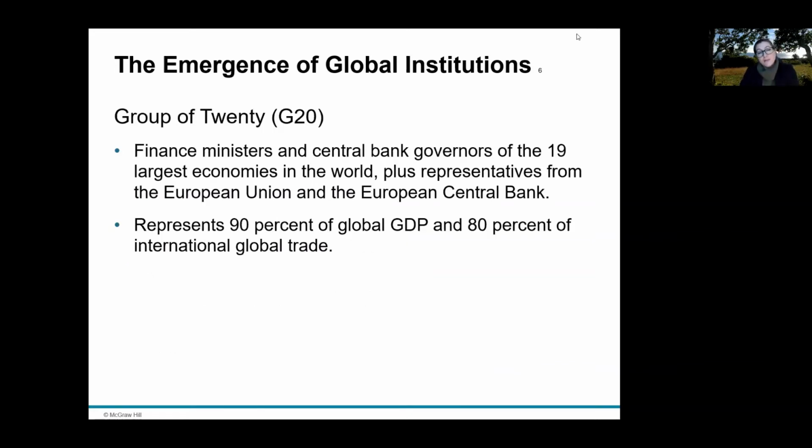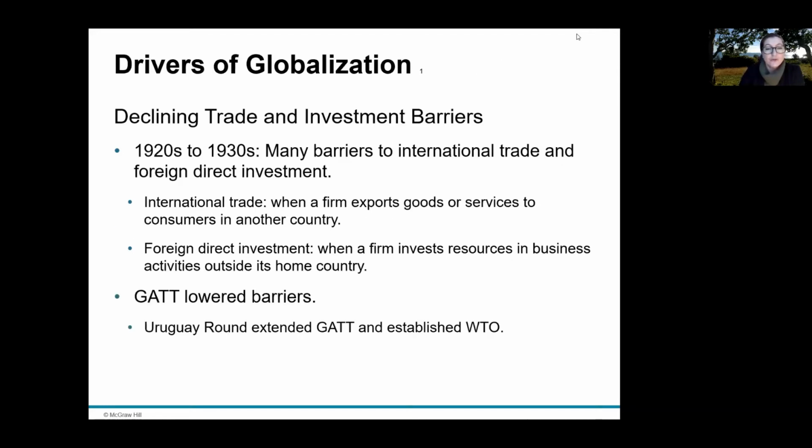The G20 is a group of 19 of the largest economies in the world, plus the EU and the European Central Bank. So that's where we get the G20 from, the group of 20. This group represents 90% of global GDP and 80% of international global trade.